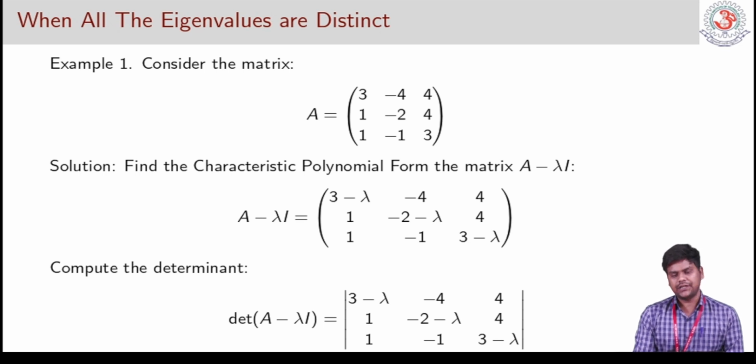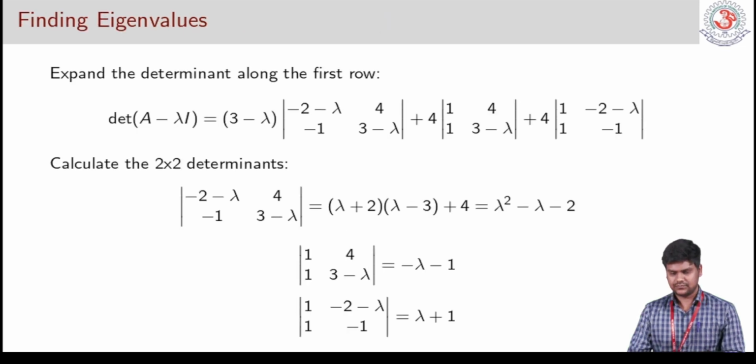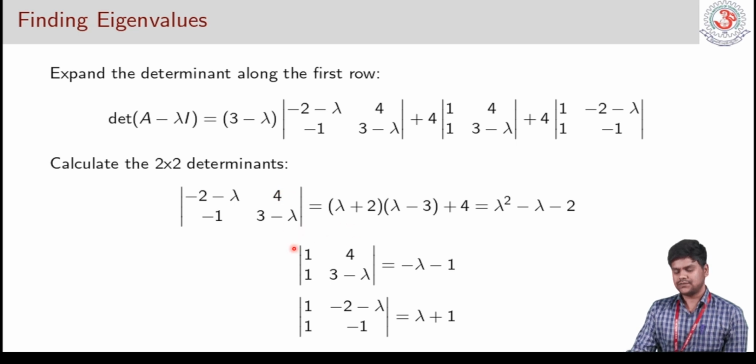Next we need to compute the determinant of A minus lambda I. We take the determinant of the 2 cross 2 submatrix with entries 1, 4, 1 and 3 minus lambda.